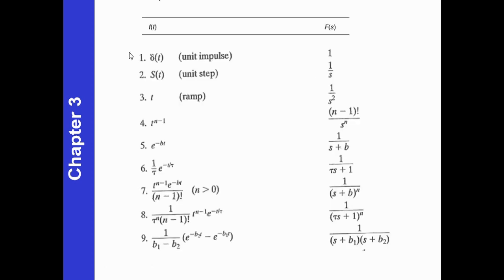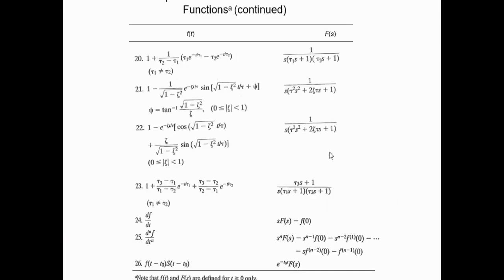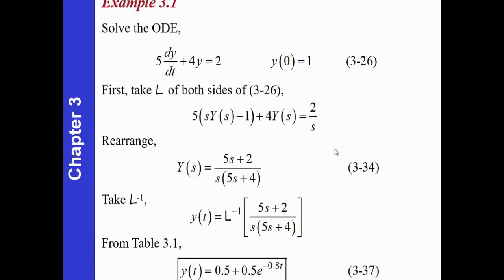So if you look into one example, example 3.1, solving the ordinary differential equation, ODE, 5 dy/dt plus 4y equals 2, where the boundary condition is y(0) equals 1.